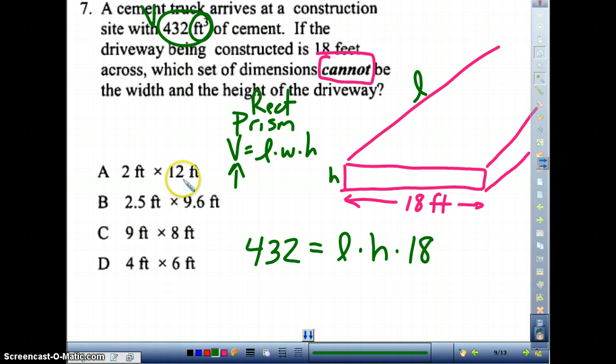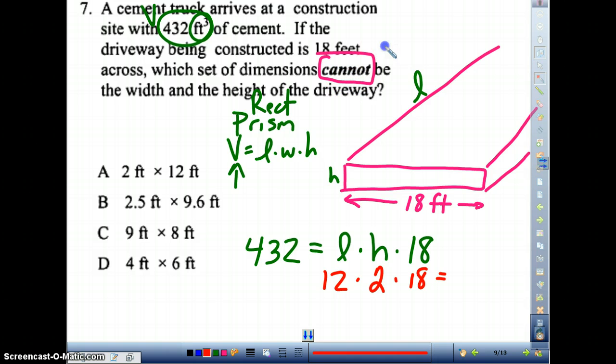They want to know which one of these will not give you a volume of this. So plug in a 2 for your height, your length would be 12, and a width of 18. Does that give you 432? We're looking for the one that it can't be.